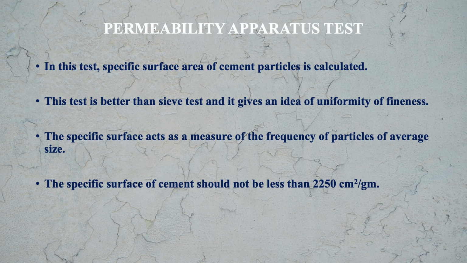The specific surface of cement should not be less than 2250 centimeter square per gram. It means it is the surface area per unit weight basically. So this is the requirement of the code, that specific surface of the cement should not be less than 2250 centimeter square per gram.